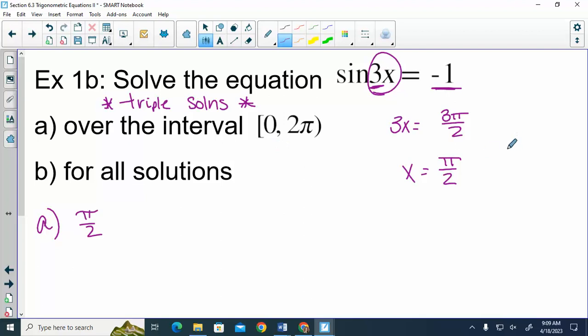Okay, there's a couple ways to get those solutions. I find that the easiest is to do it back here before we solve for x. So we got 1's answer. If we're going to have triple, we need 2 more, right? Easiest way to get that is just to add 2 pi to these.